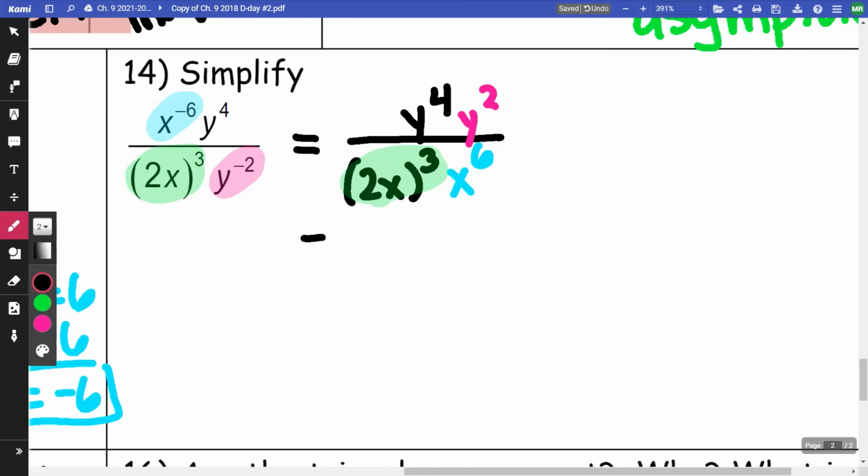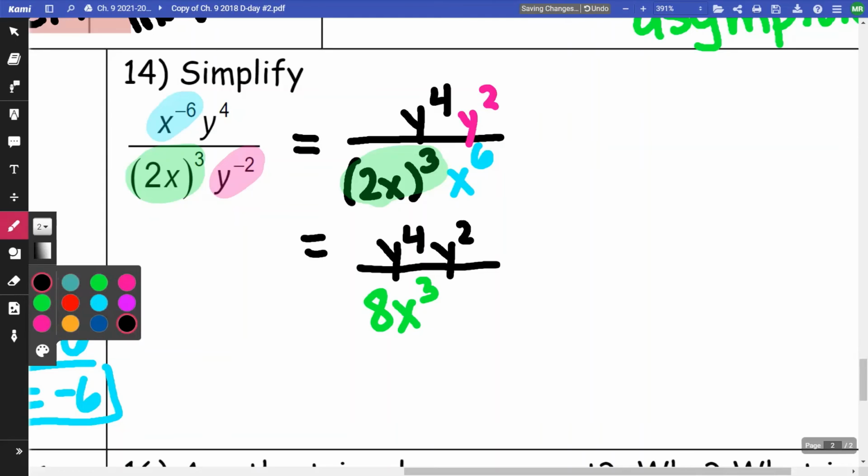So I have a y to the 4th and a y to the 2nd, which I'm going to clean up. But right now I'm going to focus on that 2x to the 3rd, and that's going to be an 8x to the 3rd because my 2 is being raised to the 3rd, and so is the x. And then I have an x to the 6th.